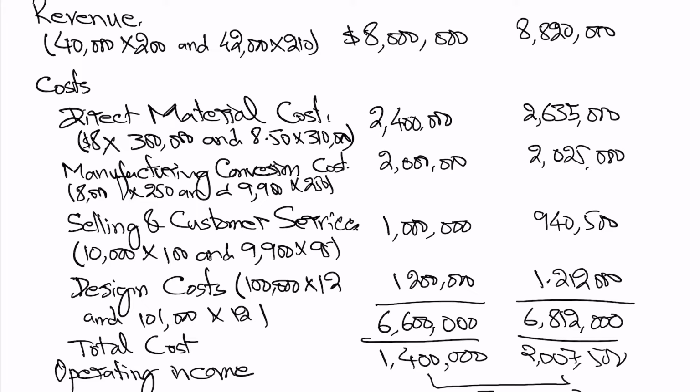That's the change in operating income. So this is the first part. We want to calculate change in operating income, and we see $607,500 favorable.